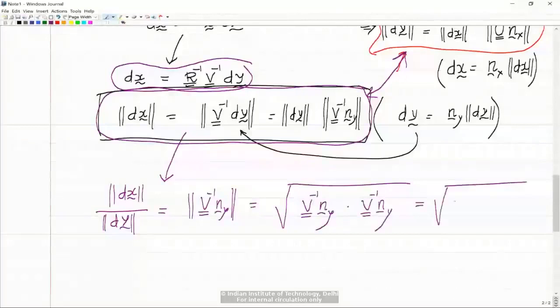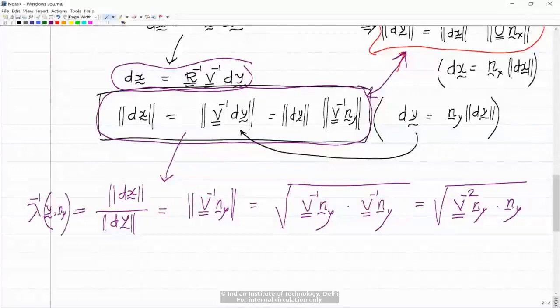Which is same as V inverse square ny dot with ny. And you see, what is this? This is 1 by lambda, right? This is actually lambda inverse. But now you are working it out at material point y, and in terms of ny. But that's lambda inverse, that is the inverse stretch.